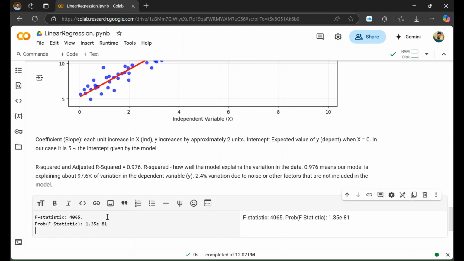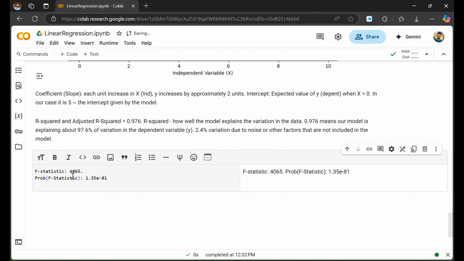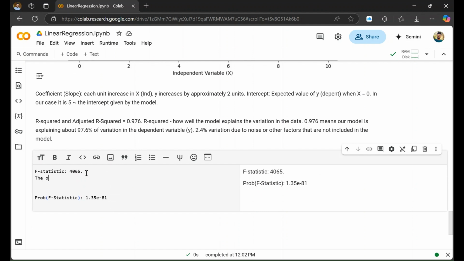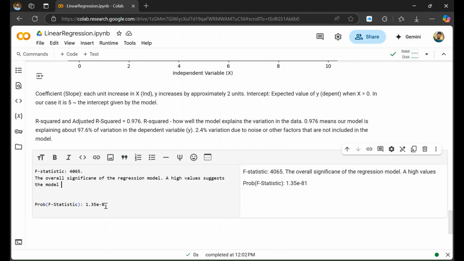Now, what do these tell? The F statistic says the overall significance of the regression. A high value, like in our case 4000, suggests the model is statistically significant.